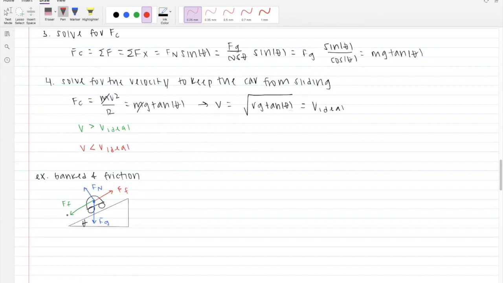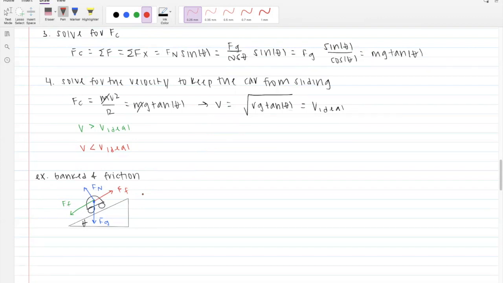So you need to draw your force of friction based on what this ideal velocity value is. So I'd always solve for this first if given this problem, if they're asking for some sort of calculation, so you can understand which direction this is going.